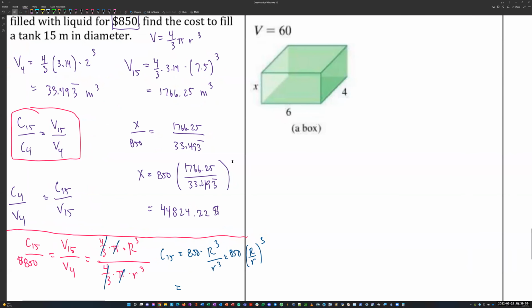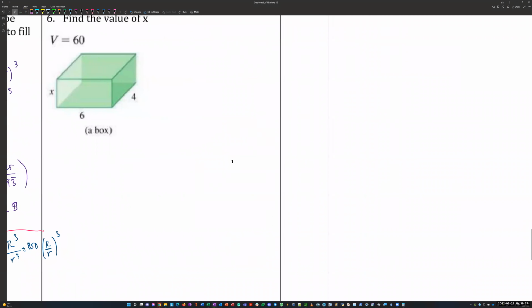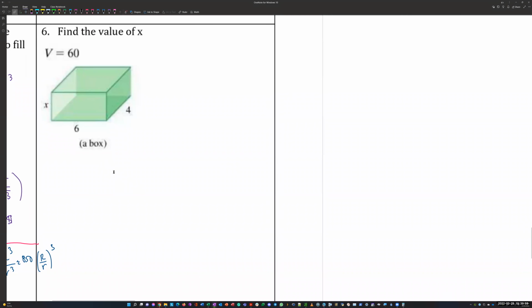All right. Find the value of X here. Why don't you guys try this one? Tell me what you get. If you know how to do it.